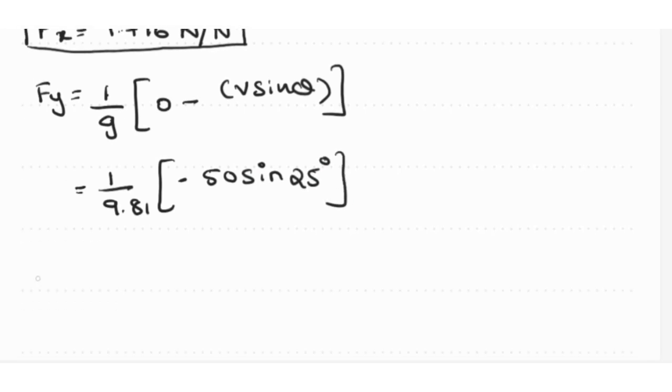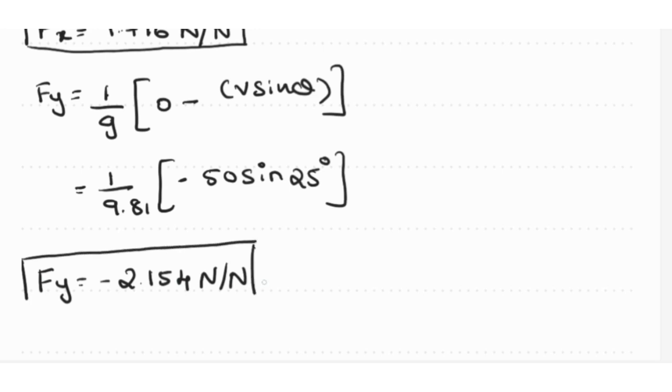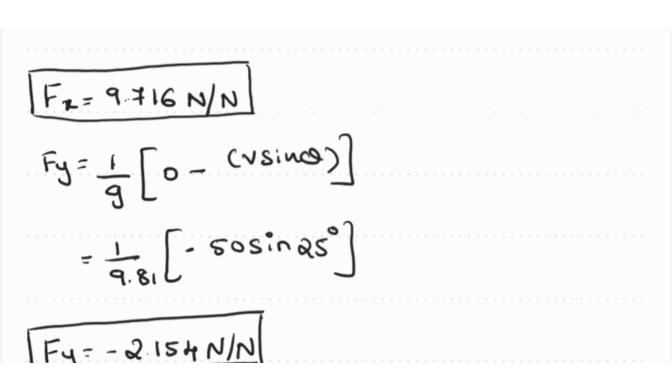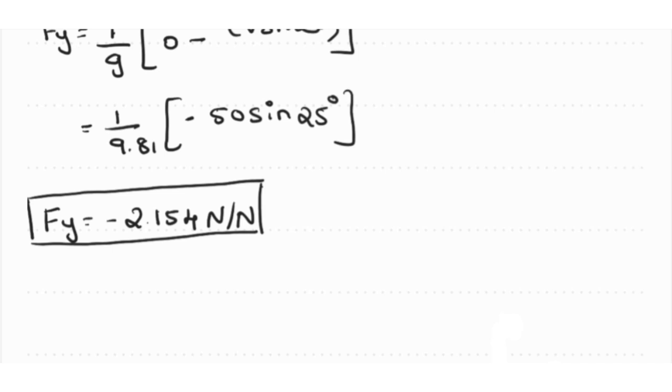If you solve this, we'll get Fy is equal to, your minus sign will be there, minus 2.154 Newton per Newton, because it is for per unit weight of the fluid. We have calculated now Fx and Fy. So we should calculate now the resultant force and its direction.